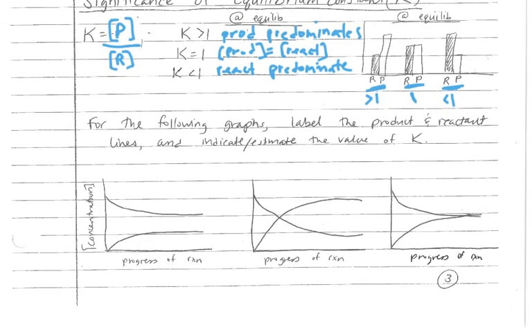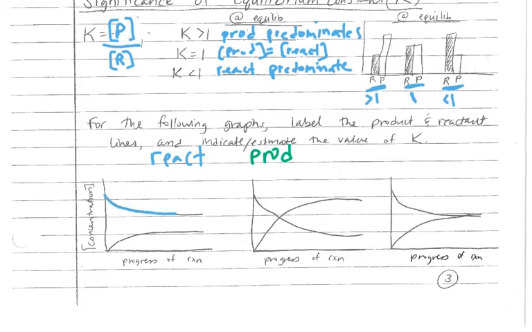All right, so we can look at this graphically here and indicate the value of K. Let's call the reactant blue and the product green. Just to clarify, the reactant is what we're generally going to be starting with.